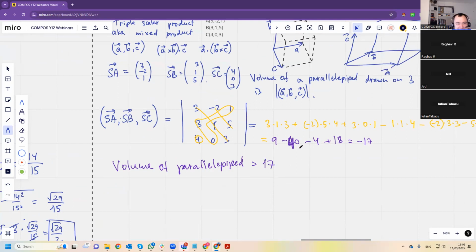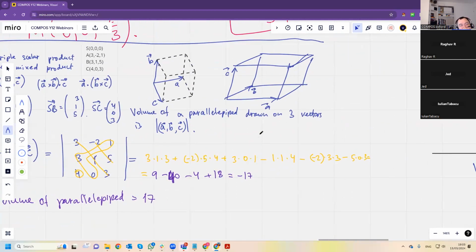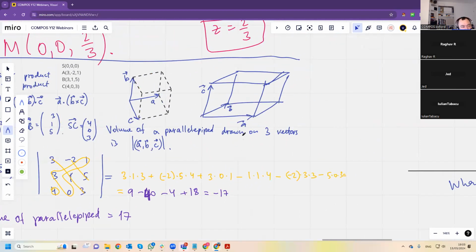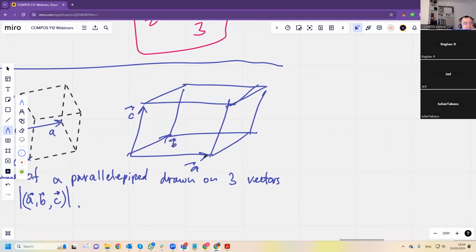Okay, so how is that even related? Well, look at the parallelepiped. Do you remember the volume of the parallelepiped? Volume is base times height.